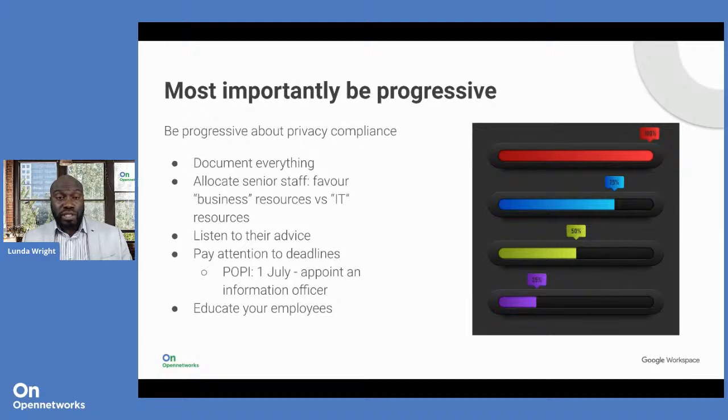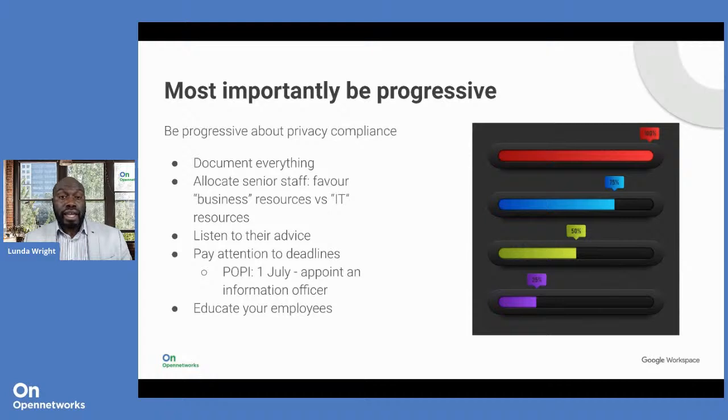This is very important because privacy is an important topic for your business. The approach that we've been taking at Open Networks is that we have created a committee of senior staff whose job it is to actually progressively build out our privacy compliance approach.